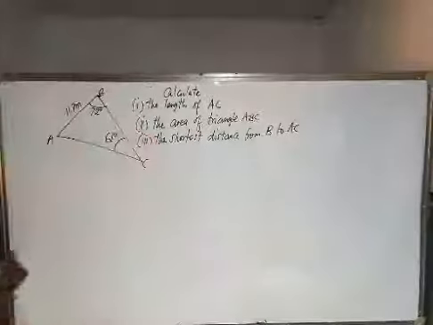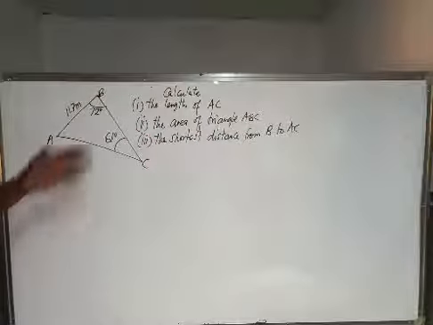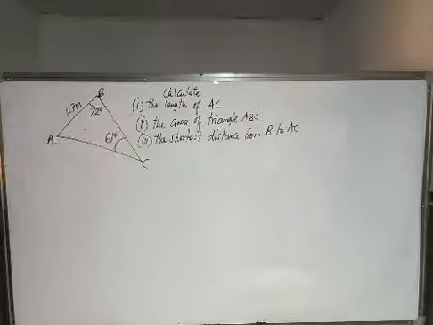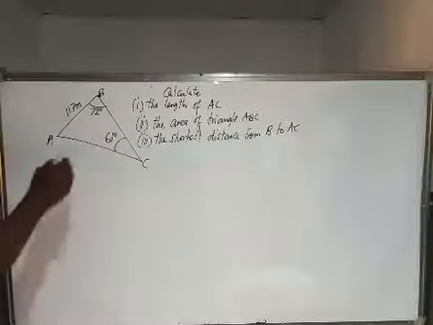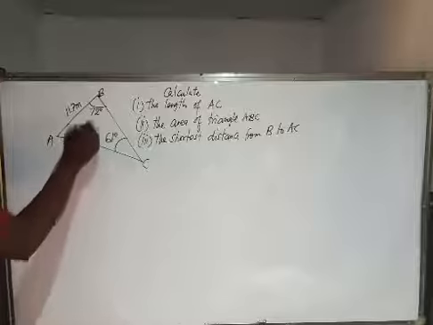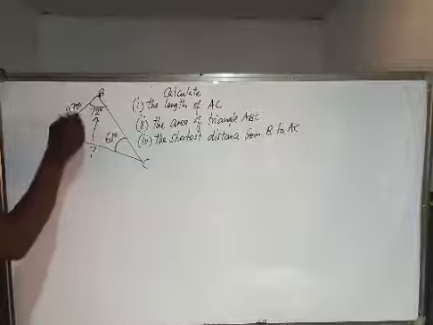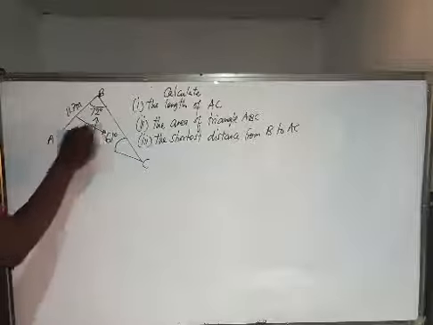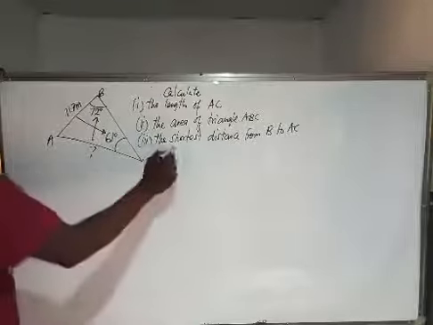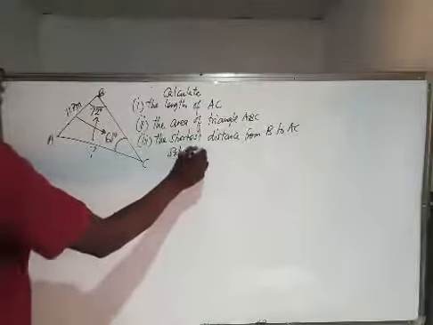Okay? The same procedure. How do we find the length of AC? AC here is corresponding with this angle, and the side 11.7 is corresponding with that angle. So we know that we are going to use the sine rule in this case.